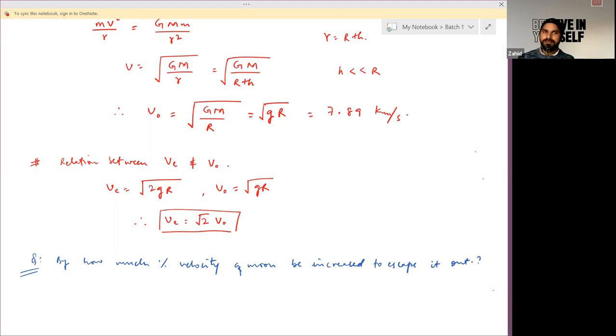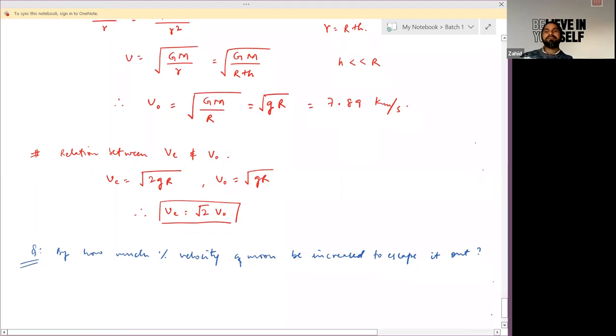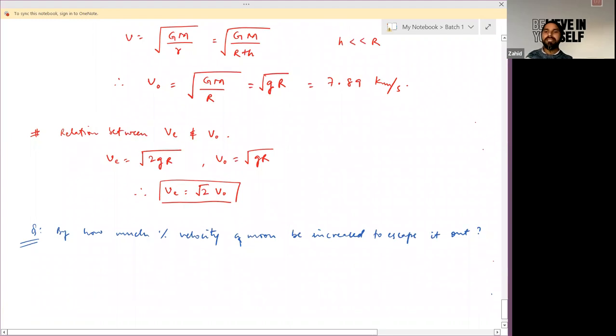Is it clear till this part? Khalid, any doubt?